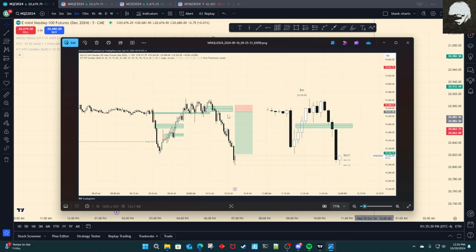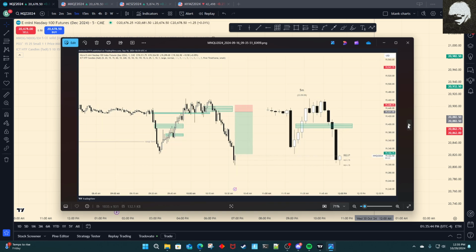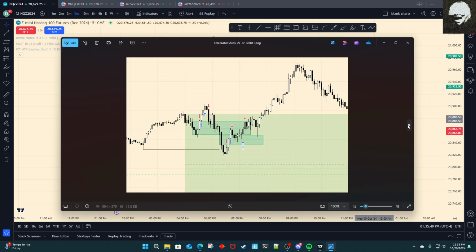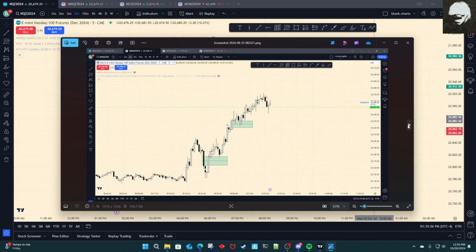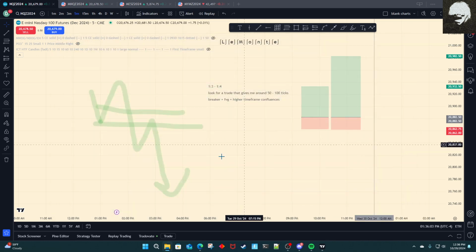Another one here, small breaker, straight to sell side. This was an inverse, no breaker really. That was the same trade. No breaker. Inverse.